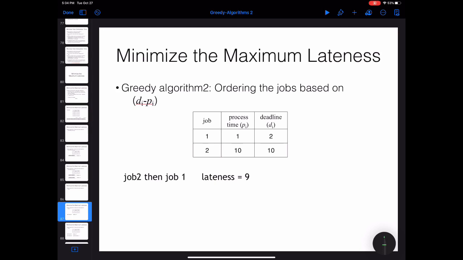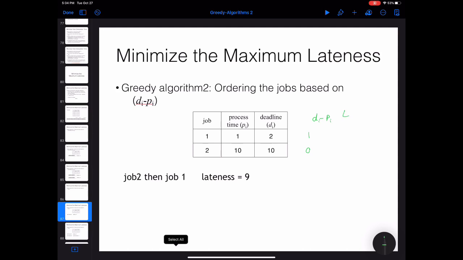So the greedy strategy here tells me to order the jobs based on D minus P, the deadline minus the processing time. If you calculate it, this is going to be 1 for the first job and 0 for the second job. So the greedy strategy tells me to run job 2, then job 1. If you do that, the lateness of the first job that you do is going to be 0.